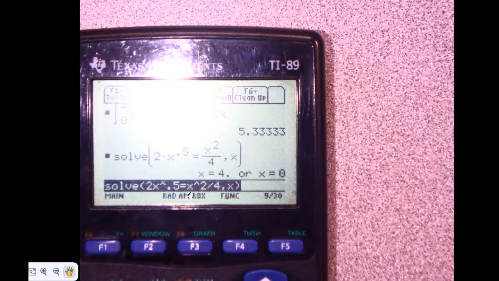So, in number 2, we're trying to find out where those two equations are equal. So hit F2 solve, and then type in one equation equals the other, comma x.